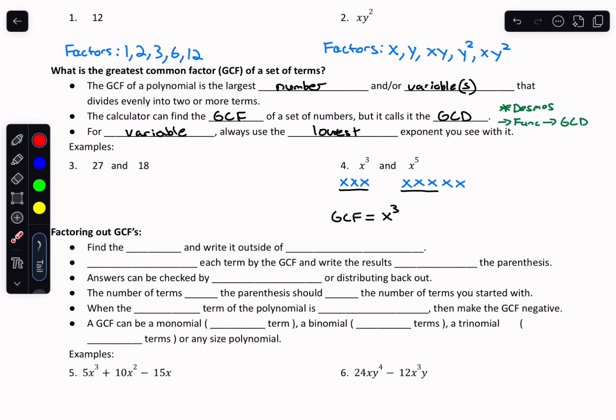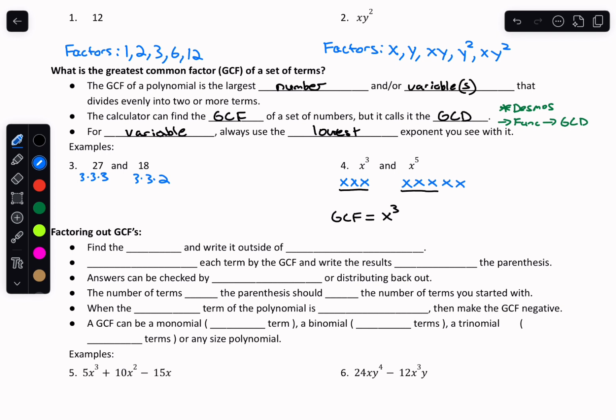All right, so now let's see how it works with numbers. We already saw with the calculator that the GCF of 27 and 18 was 9. The way we can get there by hand, though, is by writing the prime factorization of each number and then just checking what they have in common. So 27 is really 3 times 3 times 3, and 18 is really 3 times 3 times 2.